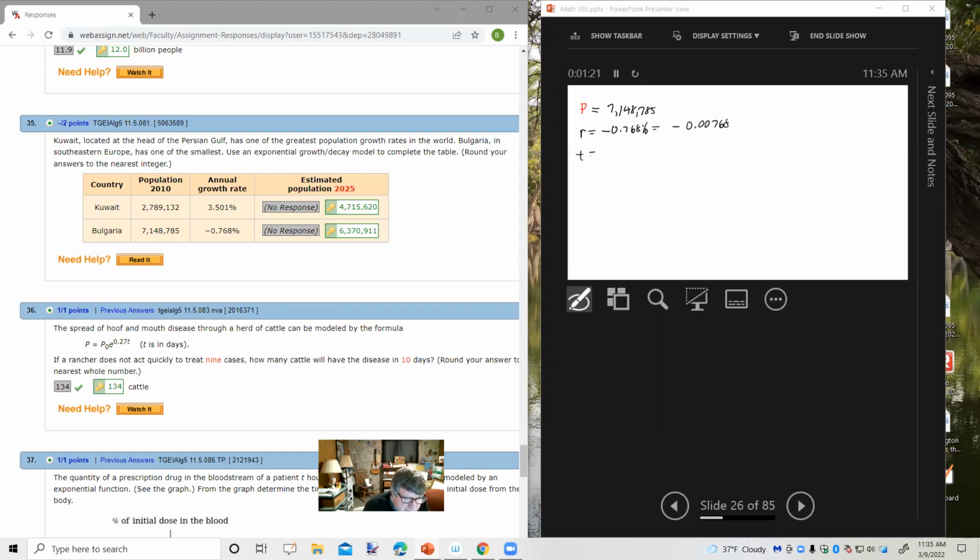And the time is also 15 years. So we've got A equals 7,148,785 times e to the negative 0.00768 times 15. So let's see what happens when we put all of that into the calculator.